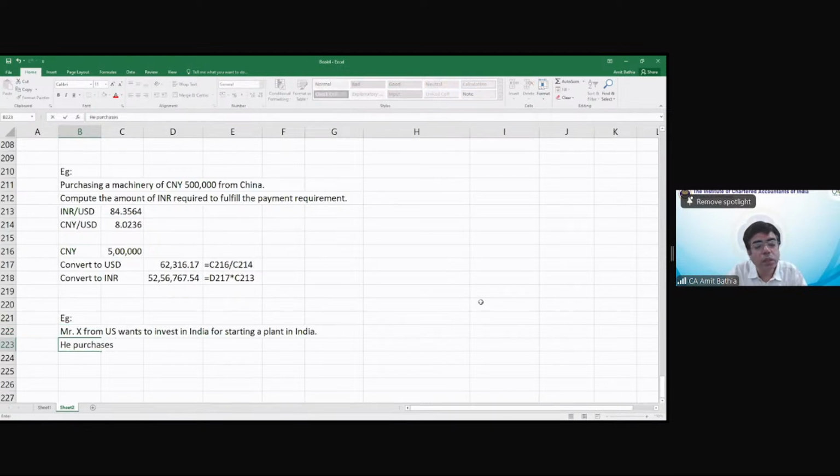Purchases the machinery worth GBP 80,000 from UK and installed it in India on 1st January 2024.